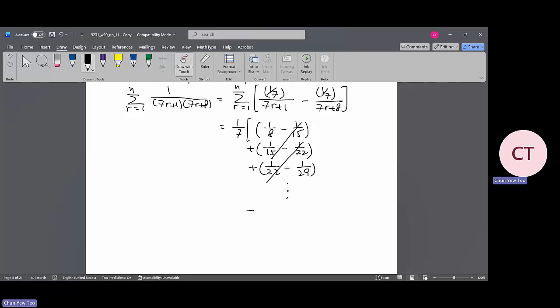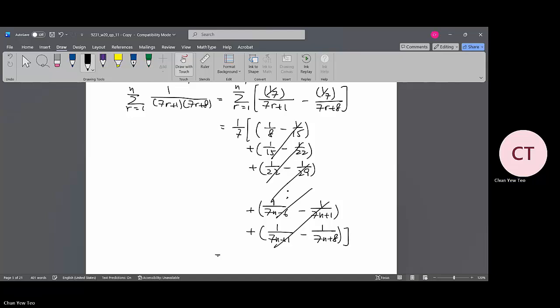It will continue with this pattern until you list them out to the last two terms. The last term will be 1 over 7n plus 1 minus 1 over 7n plus 8, and the term before that will be 1 over 7n minus 6 minus 1 over 7n plus 1. So they cancel in this pattern. Therefore, you get the answer as 1/7 times 1/8 minus 1 over 7n plus 8.